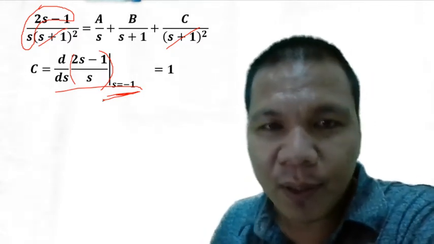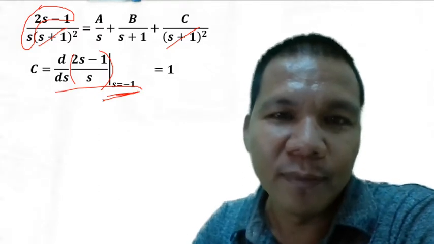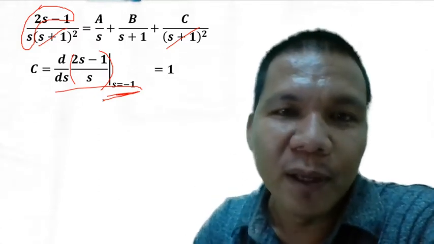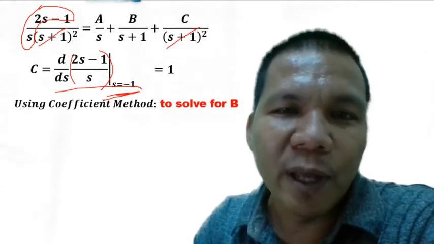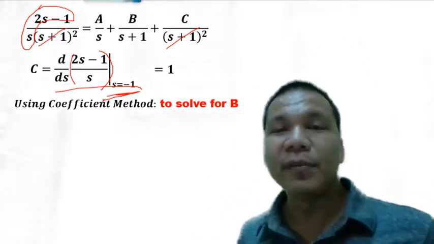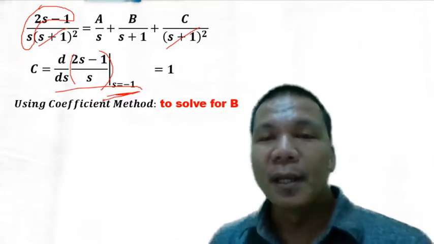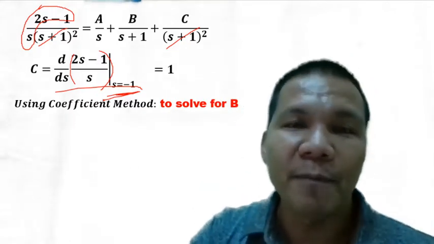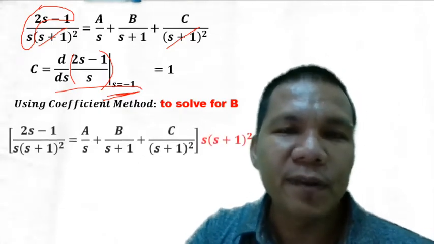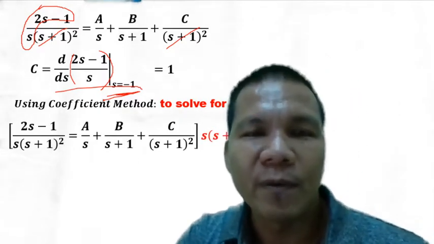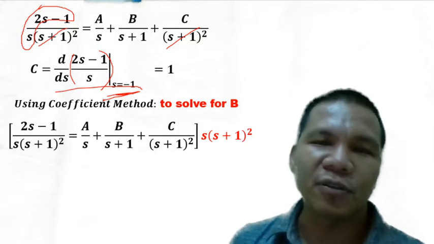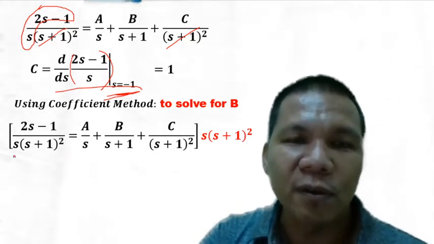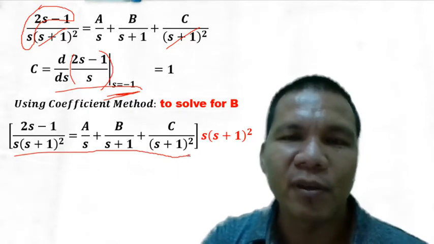Now, we have the values of A and C. Our next step is to solve for B using the coefficient method. To solve B using the coefficient method, this is your step on how to do that. First, you are going to rewrite the fraction. This is your fraction and this is your partial fraction.